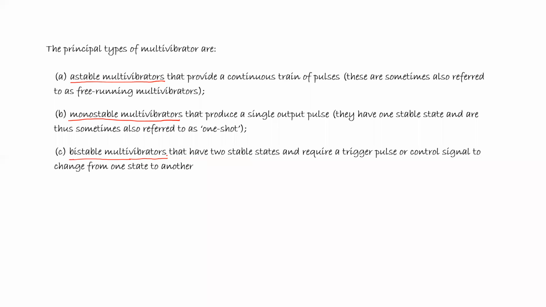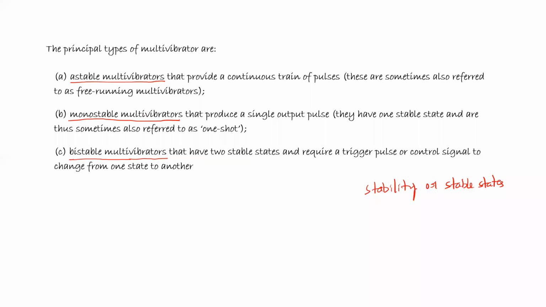Now if you see the names monostable and bistable, what do you understand? I'm talking about stability now, stable states. When we listen to the term monostable, what do you understand? What is mono there? There is only one stable state.